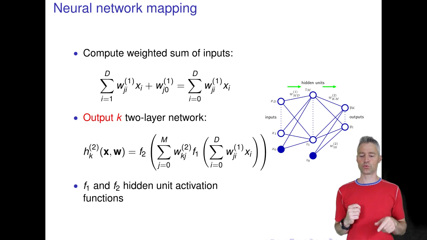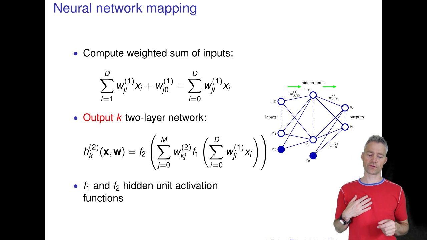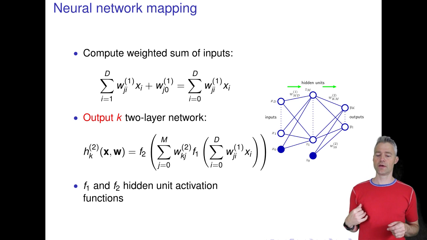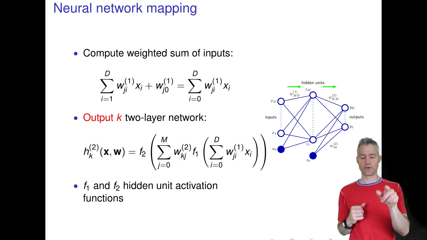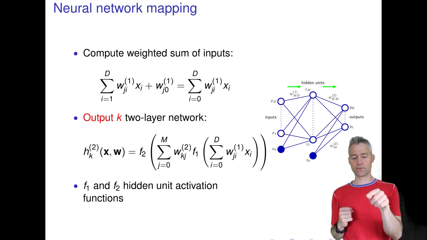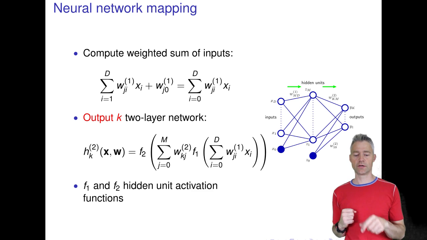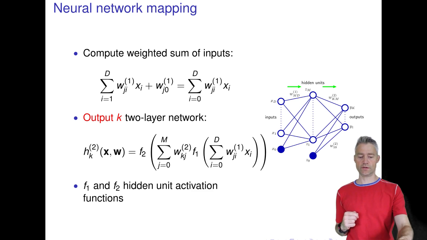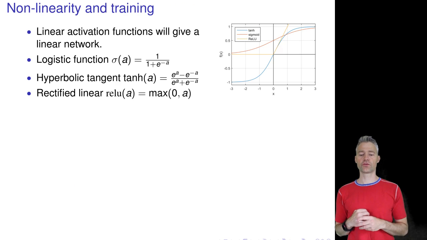And then the complete output of the network, which I call H2 in this case because we have 2 layers, is just these linear models, activation functions, linear models on the activated signal, and then some activation function F2 in the end.